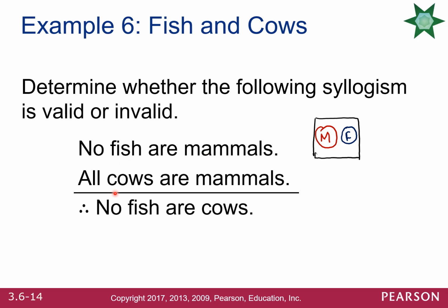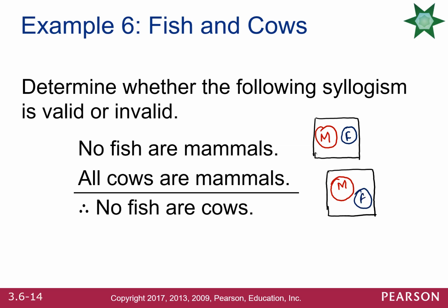And then the second premise says all cows are mammals. That means cows. Let's draw another Euler diagram for the second premise, and this is how it's going to look. You're going to have a circle for the mammals, and you're going to have a circle for the fish, correct?